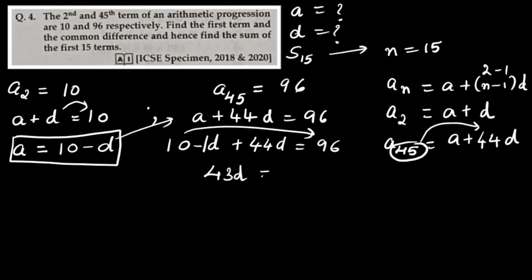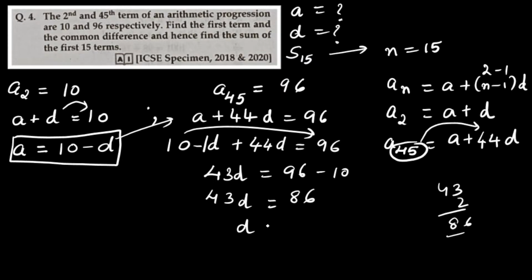So 43d is equal to 96 minus 10, which is 86. We know 43 into 2 is 86. We'll do cancellation here: d is equal to 86 divided by 43, because when 43 is shifted to the other side, it gets divided.